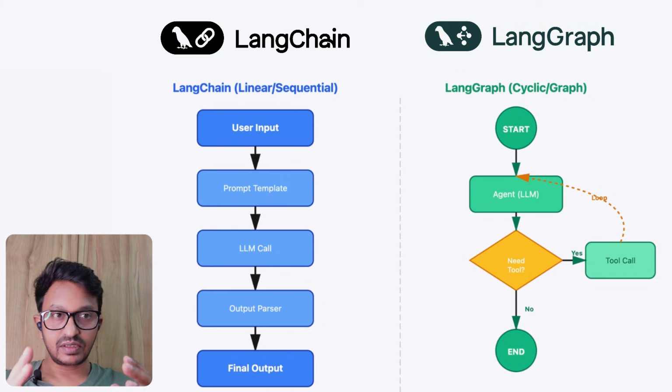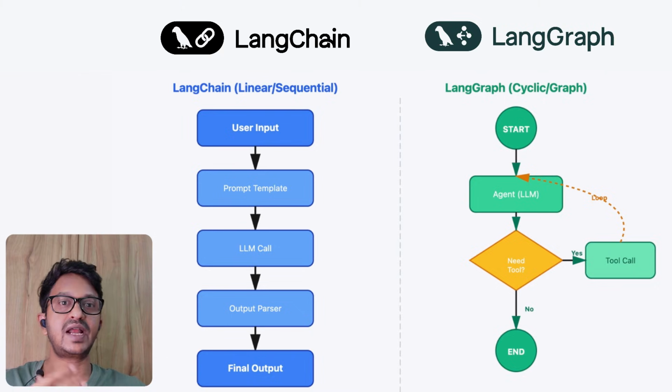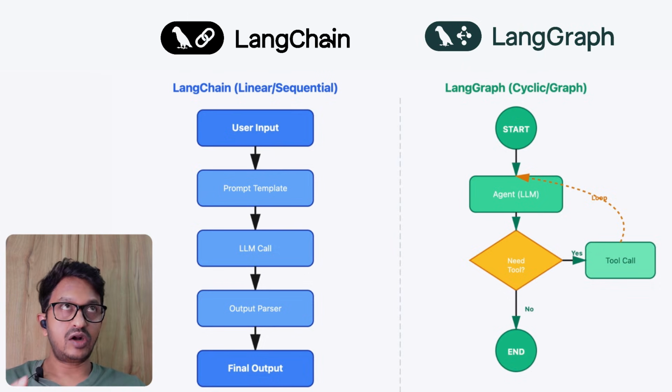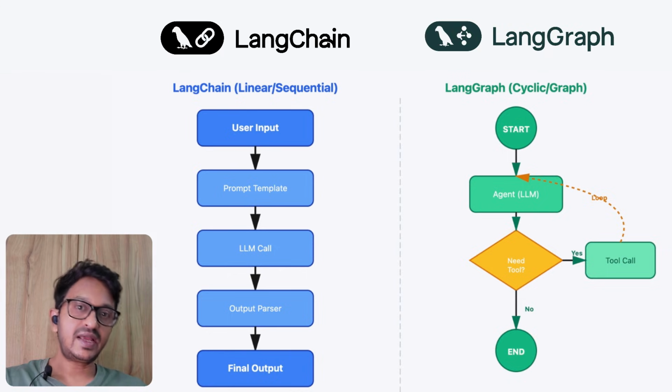And you can use LangGraph when you need agentic behavior, right? When the AI agent can decide by itself what actions it should take next. Since the autonomy is very high in LangGraph, you can use it when the user query is complex and very dynamic, right?